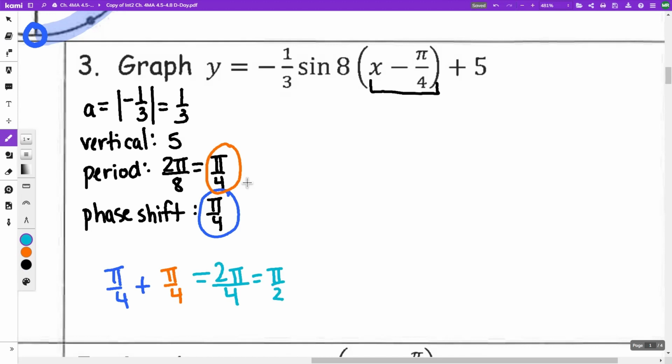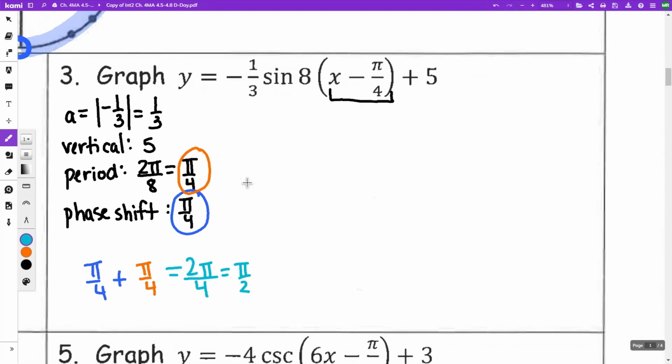So my endpoint for this is pi/2, or you can also think of it as 2 pi/4.